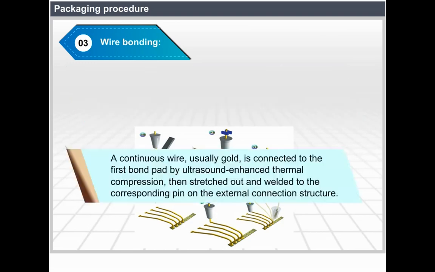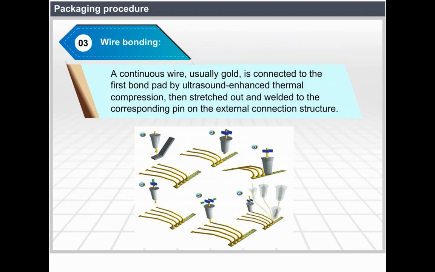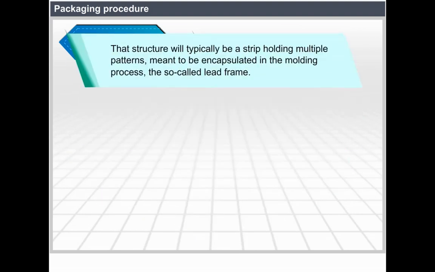A continuous wire, usually gold, is connected to the first bond pad by ultrasound enhanced thermal compression, then stretched out and welded to the corresponding pin on the external connection structure.